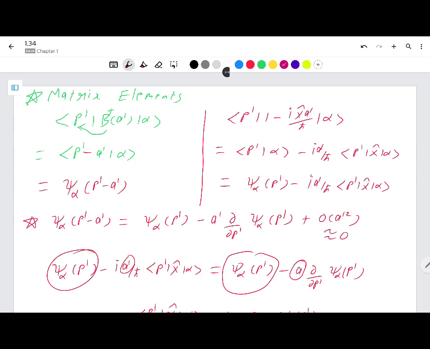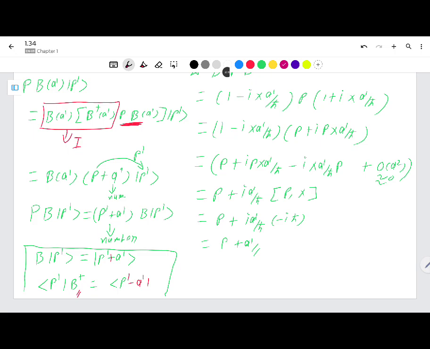Okay, so I think I was able to identify my mistake, and very sorry for making such mistakes. So when B operates on P prime, it is giving me P prime plus A prime, and when I do the Hermitian conjugate of this, the ket becomes bra, this B becomes B dagger, and this remains the same.